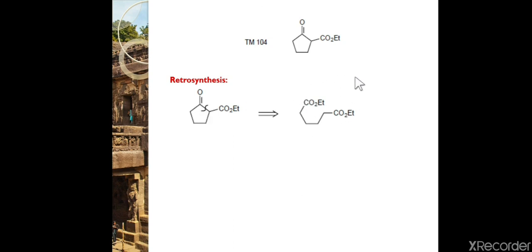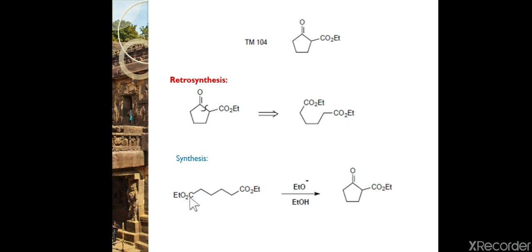When we treat it with base, this CH2 is an alpha hydrogen containing position which is acidic and will generate a carbanion over here, and it will attack the carbonyl of this ester, and we will get our final molecule. So the synthesis will be like this: we treat this compound with base, base generates a carbanion over here, and it attacks the carbonyl.